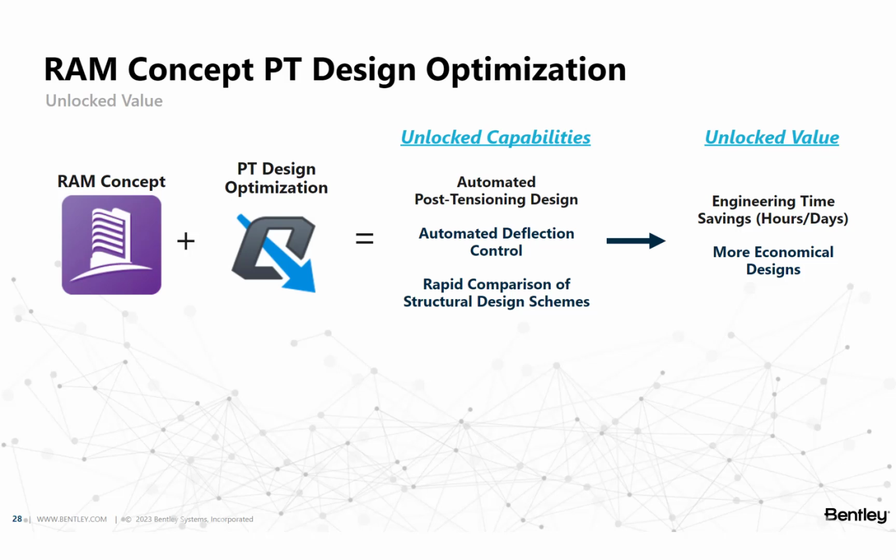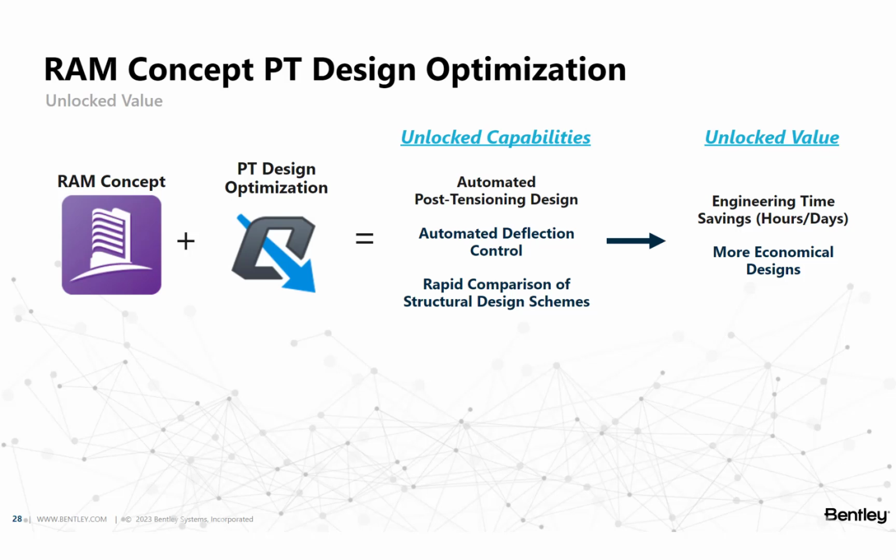The value added then is engineering time savings, which, as I mentioned, can amount to a week for a complicated floor. And then a secondary value, but also very important, is delivering cost-effective post-tension designs.